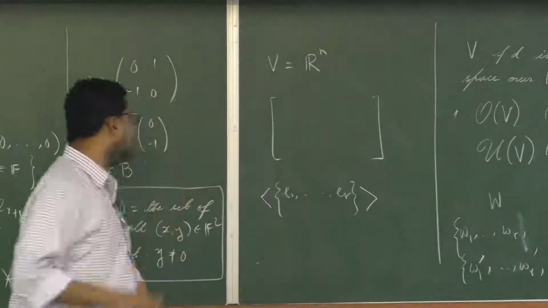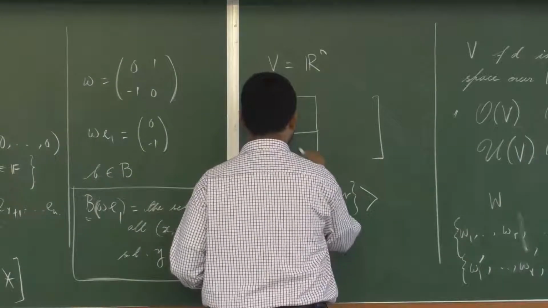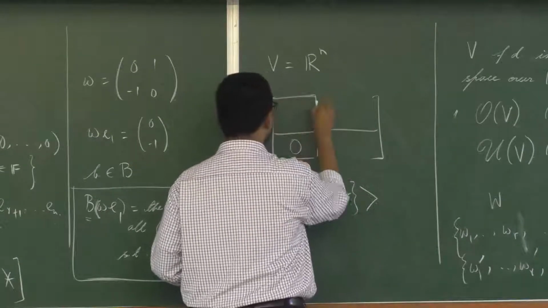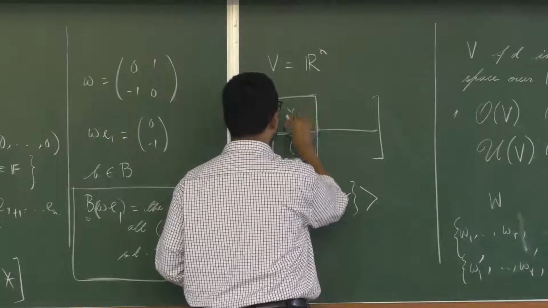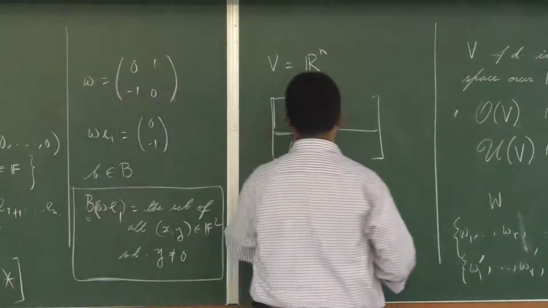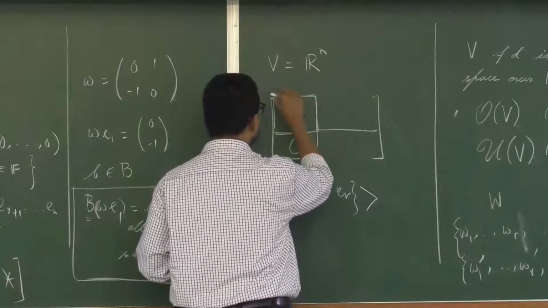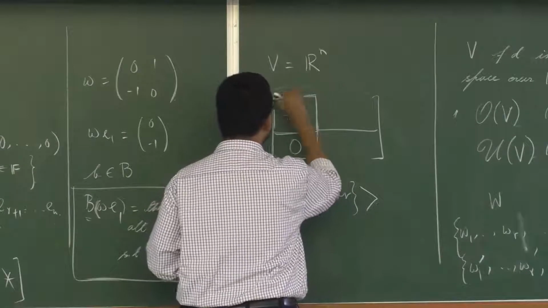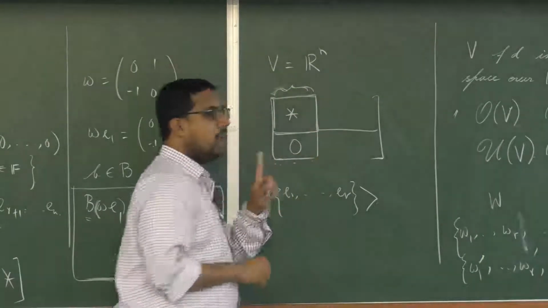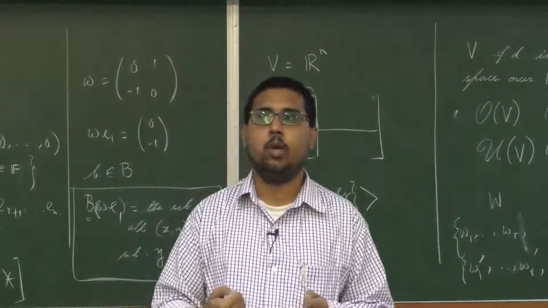What will you get there? Of course, here we should have 0, and here we will have something. Let's see what we can say about that. However, we can say that each of the first r columns will have unit norm and the inner product of any two will be 0, right.